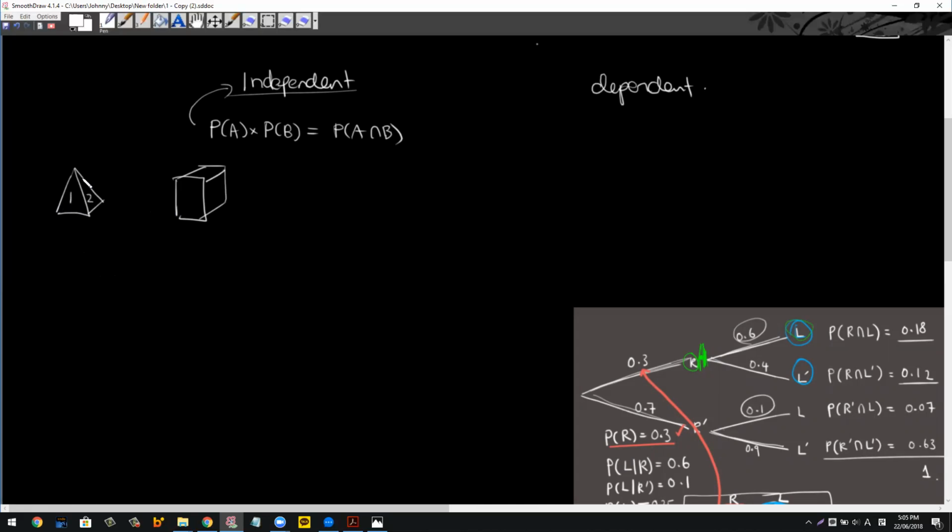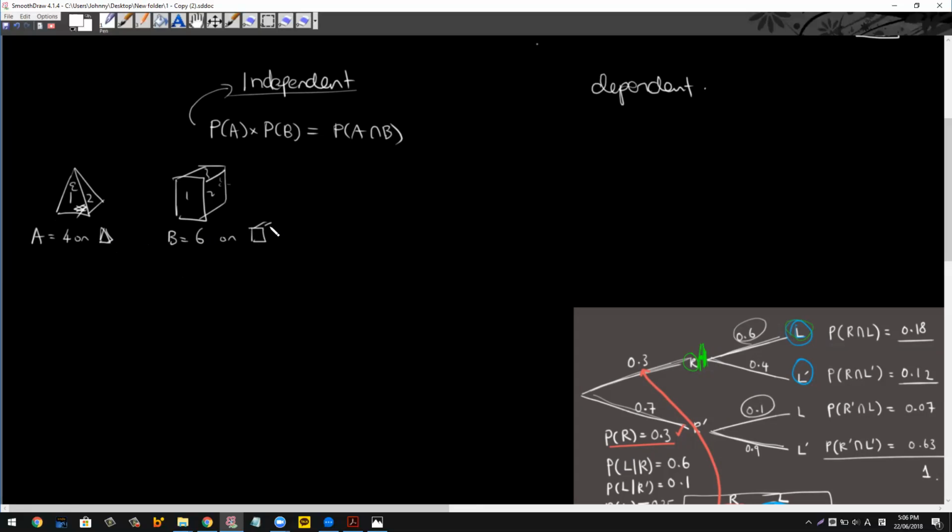So 1, 2, and there's one behind, that's 3, and then that's 4, number 4 there. So there are 4 outcomes here, and then 1, 2, 3, 4, 5, 6 on the cubical die. So event A, we defined as having 4 on the tetrahedral die, and event B was having 6 on the cubical die.